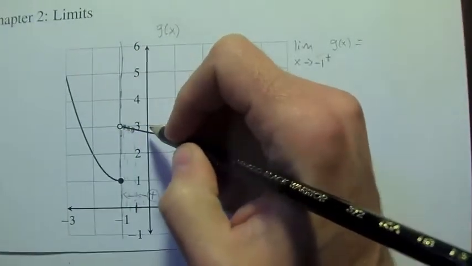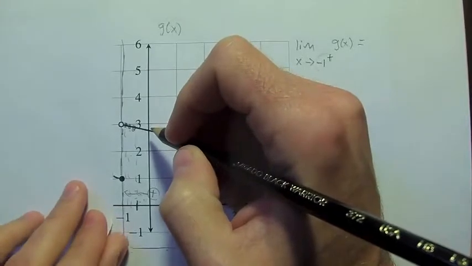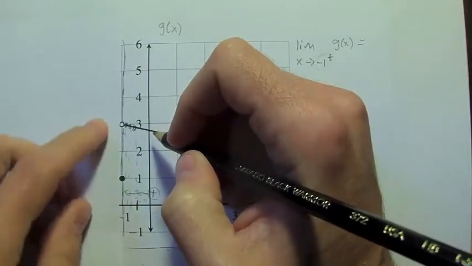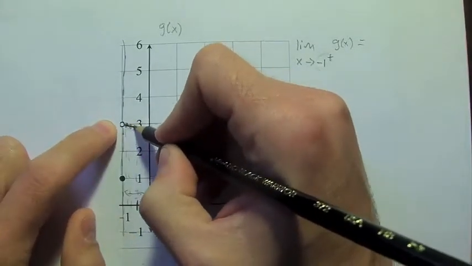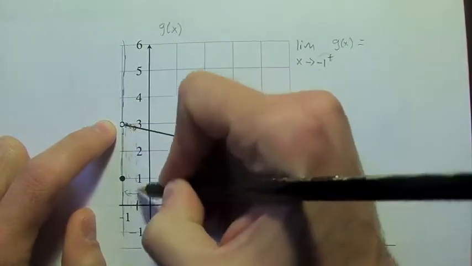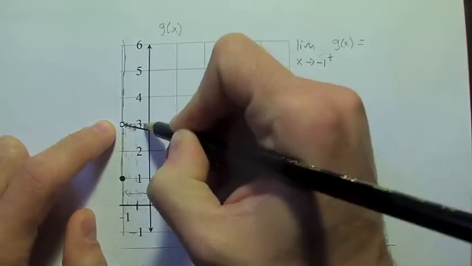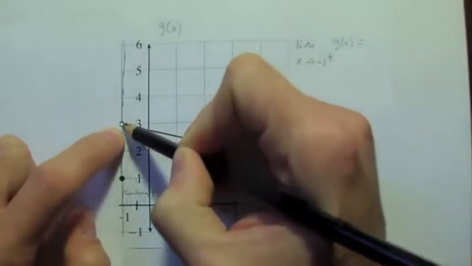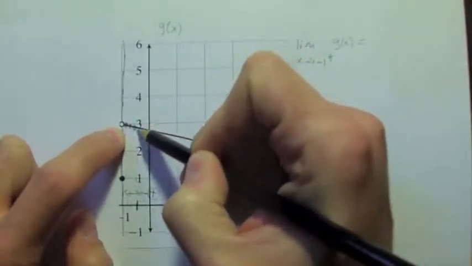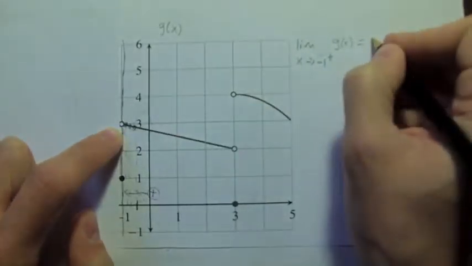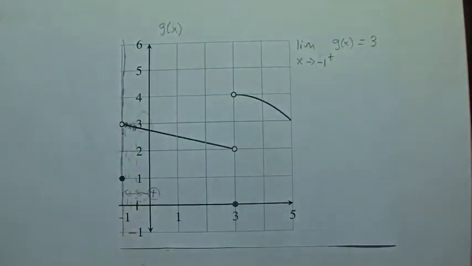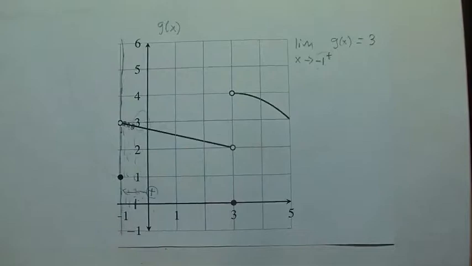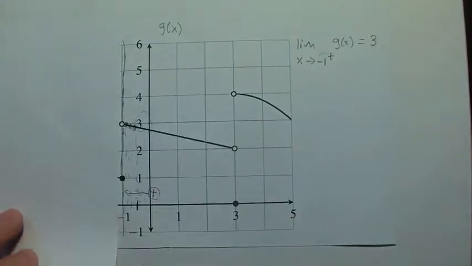And again, as I've always said, you could just block this off and see that these points on the graph here, as x gets closer to -1, the y's are making their way up this line towards this open dot, which is at 3. Okay, so the limit as x goes to -1 from the right of g of x is 3.